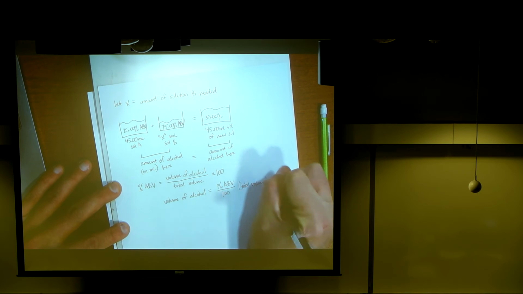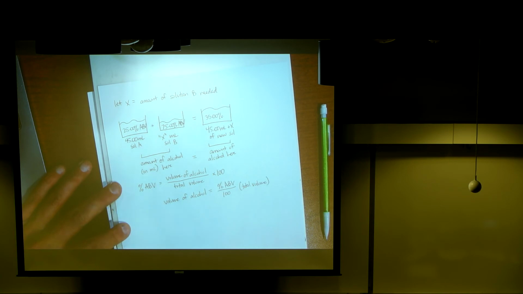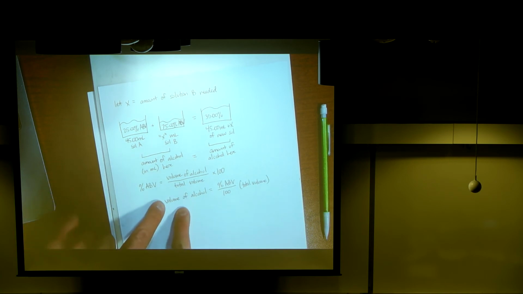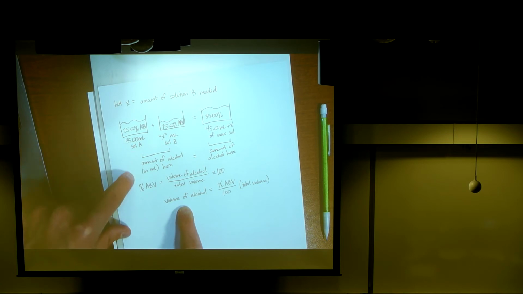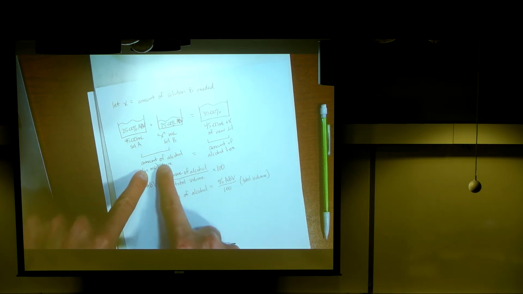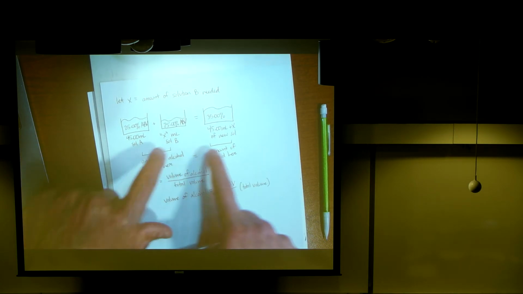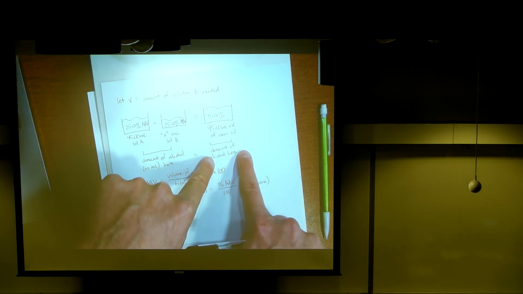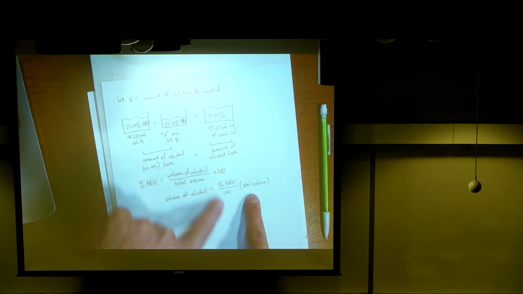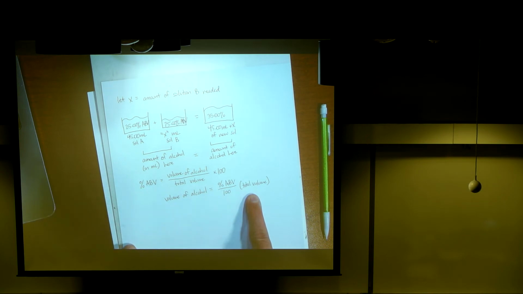Does that make sense? I'm just taking the definition of the percentage and then rearranging it to solve for this volume, okay? And like I said, the way we're going to come up with our equation is to say the volume of alcohol over here is the same as the volume of alcohol over here. We're going to use this to write down what that is, okay? So we good on what the strategy is?